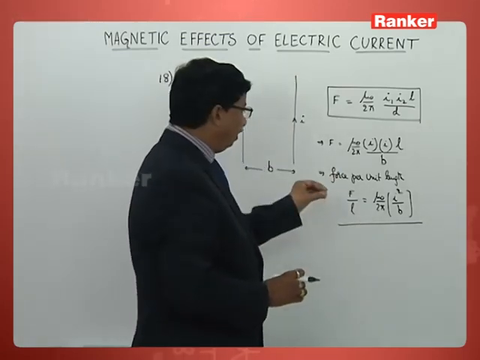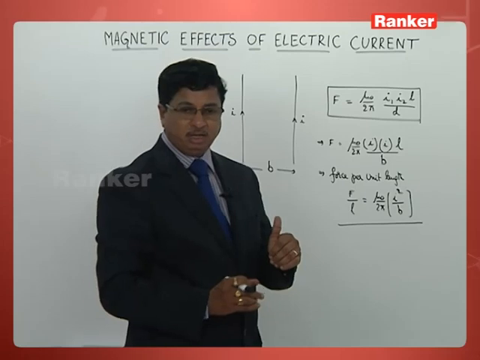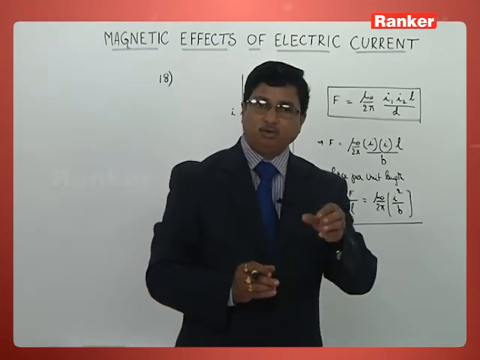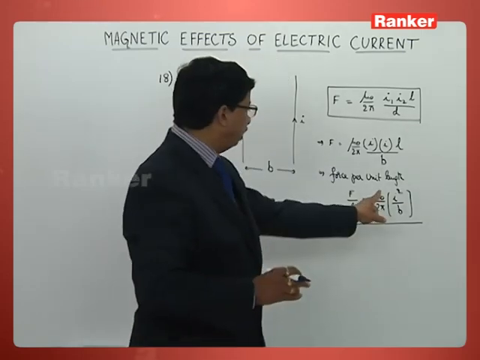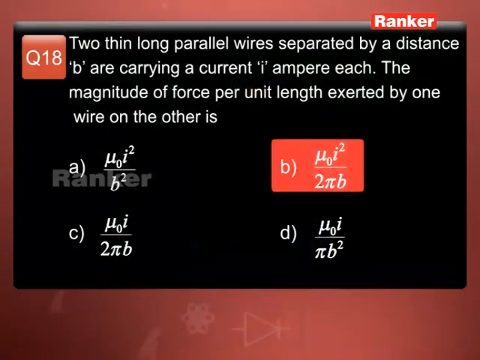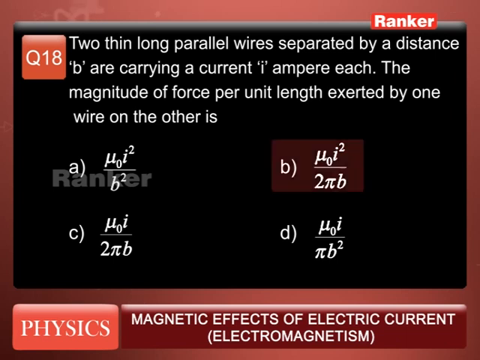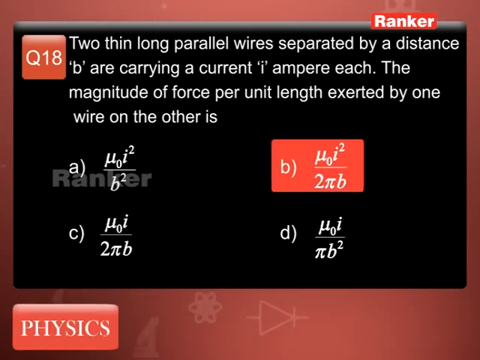So mu naught by 2 pi into I square by B, look at out of all the 4 different options, the second option is tallied with our calculated value. So mu naught I square by 2 pi into B, that is the answer. So the correct answer for this particular problem is simply B.